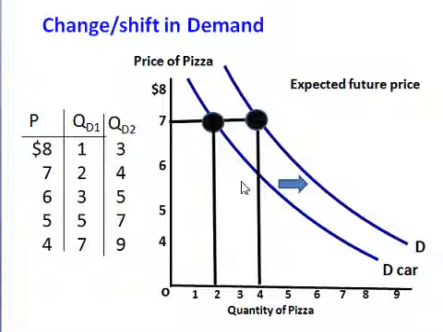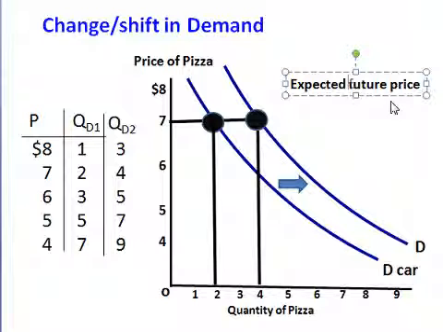Then I can say one more factor, expected future income. Suppose we are on this line. Suppose in future our income will go up, that we know. Suppose after 6 months my income will go up.